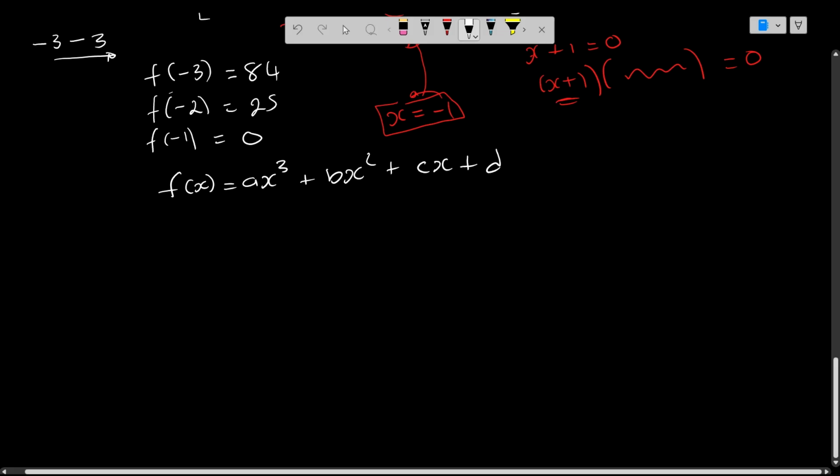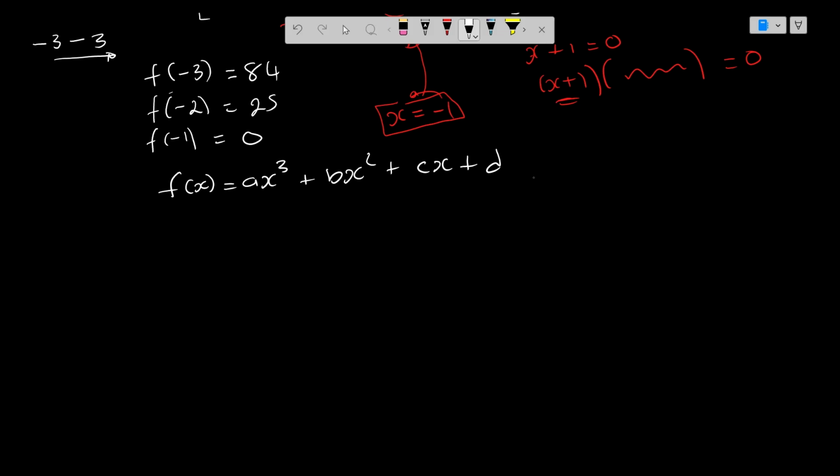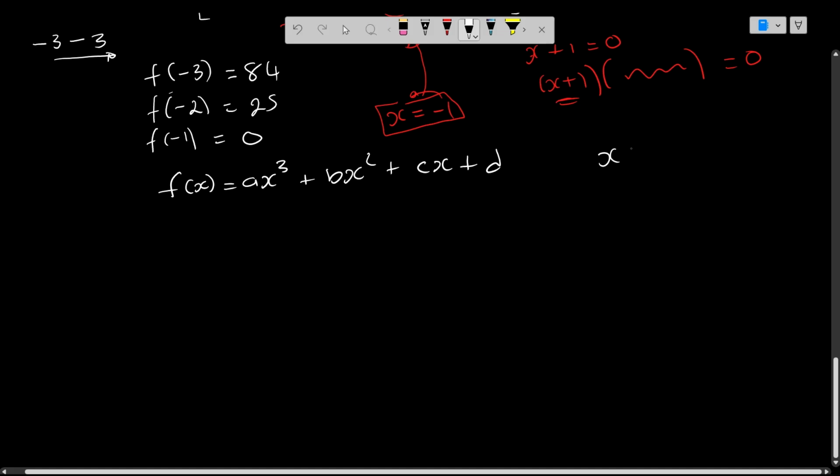Now let's say we figured out that the factor is x plus a. x plus a is equal to 0, so that means x is equal to negative a. In this case I write negative a, and then I draw a line.